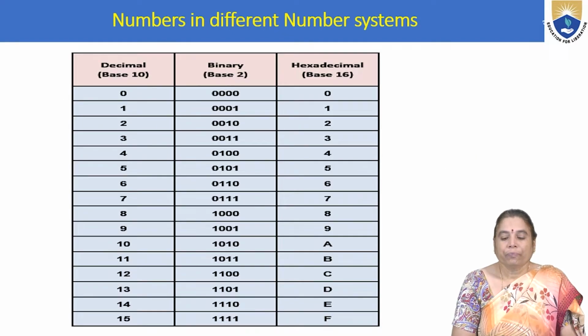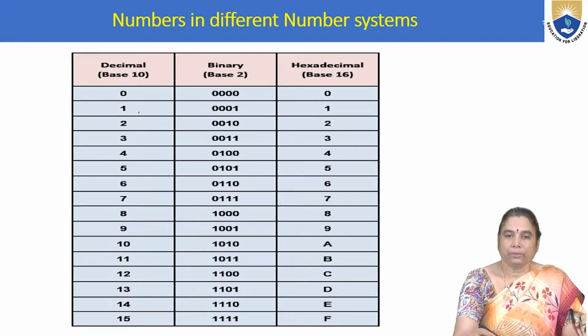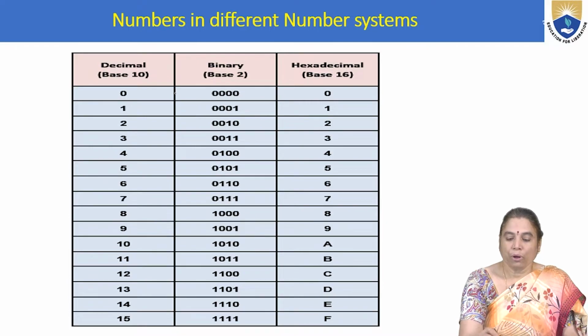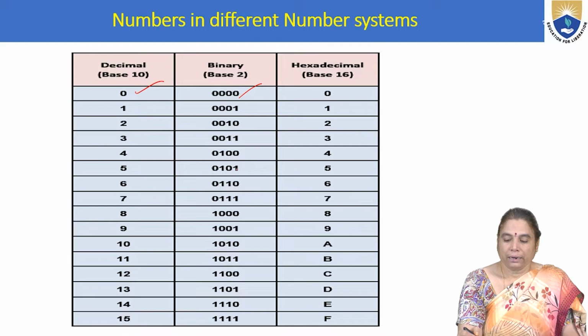This chart displays the values in each particular number system. These are the decimal values. In binary with base 2, how can these be represented? Zero is represented with all zeros, and depending upon the place value of the binary number system, these values can be represented.